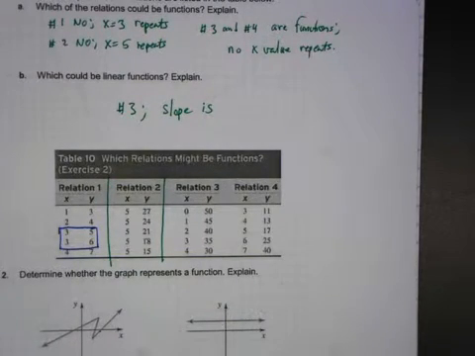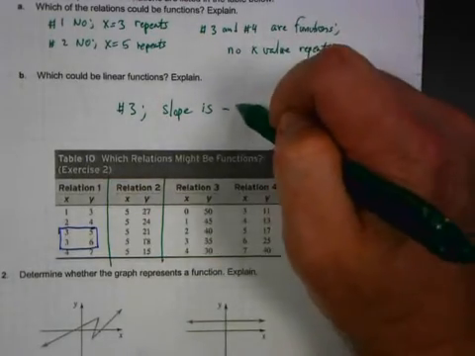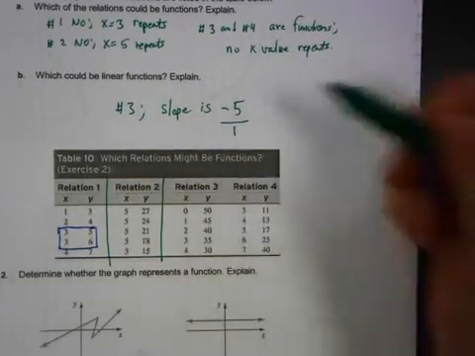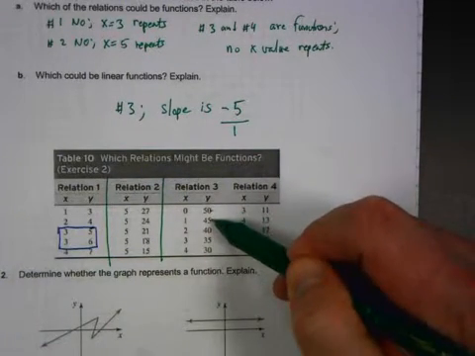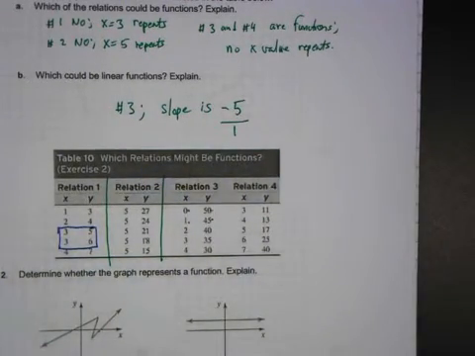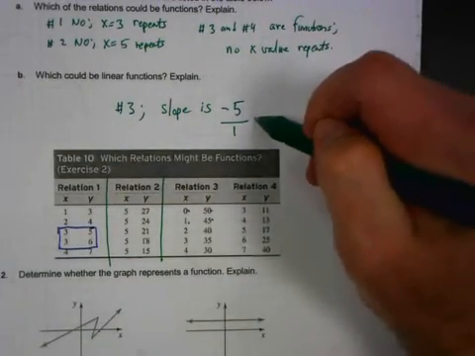Not 5, but you're very close. It's going down. The y values are going down. -5. So the slope is -5. And I'm going to put it as -5 over 1 to even emphasize that my y's go down by 5 when my x's go up by 1. So my slope is -5.